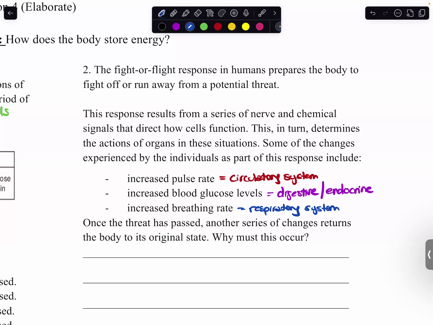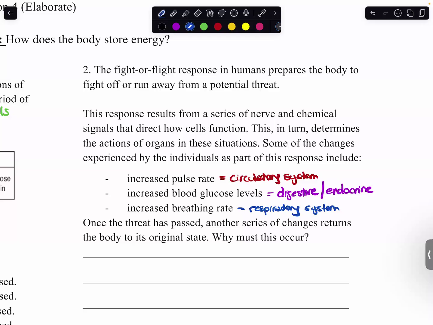Right? So essentially what this is talking about is when we're talking about fight or flight response, this is our body's way of survival mode, right? We usually have two options in an emergency situation. We can either stay and fight if we feel like we can overcome the threat, or we can flee, right?